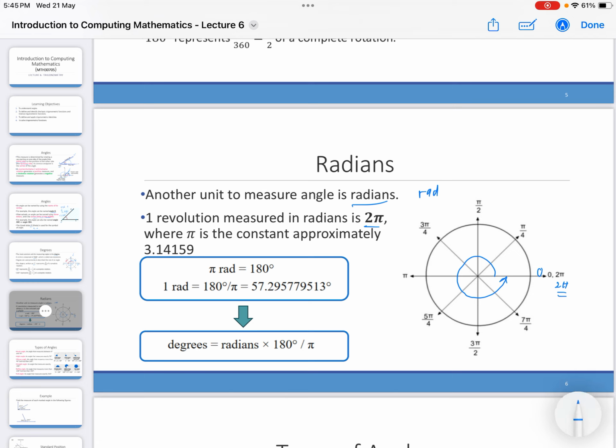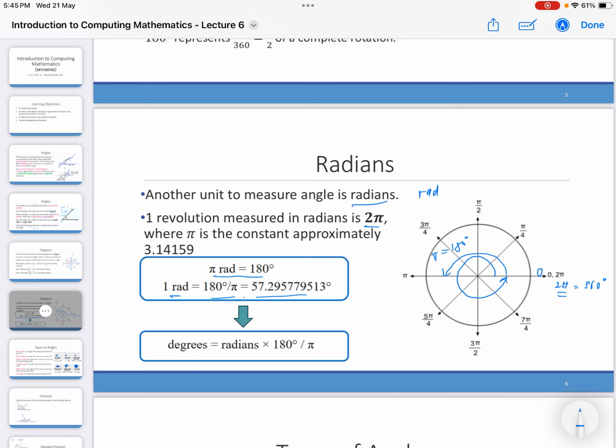That means half of the rotation is pi. So pi corresponds to 180 degrees, and 2 pi corresponds to 360 degrees. So pi equals 180 degrees. From here we know 1 radian equals 180 divided by pi.